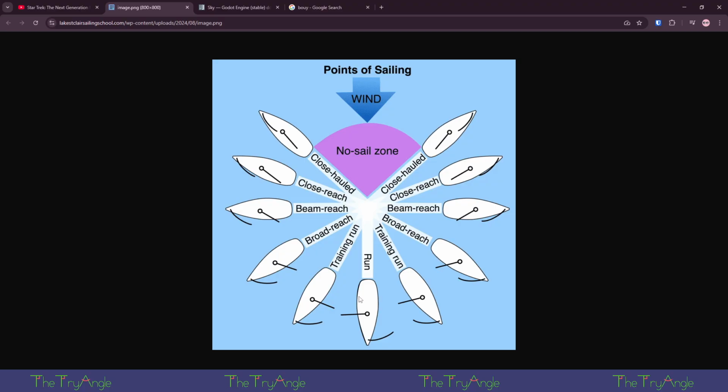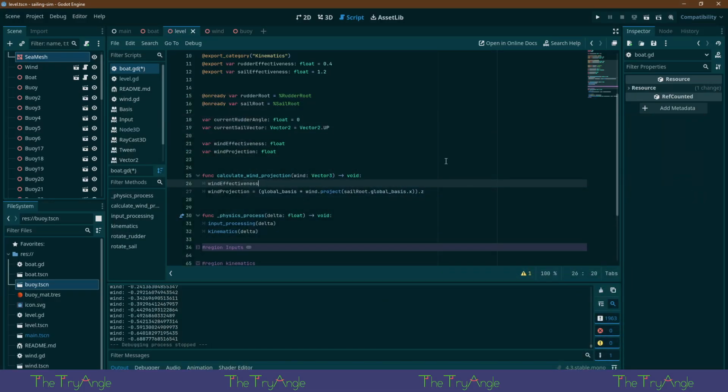Let's think. What does it do? A dot product? Maybe. No. We don't want it to be negative. Not a dot product. So what?